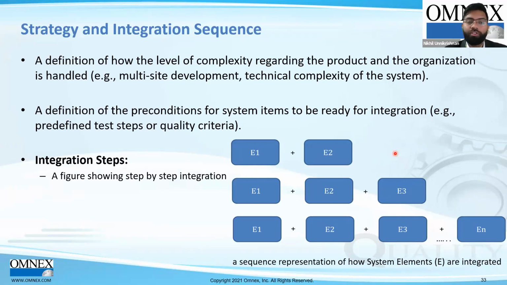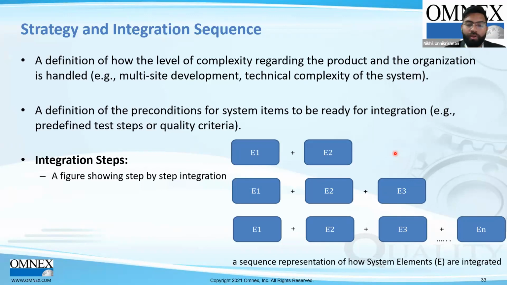So it's a definition of how the level of complexity regarding the product and organization is handled, for example multi-site development and technical complexity of the system, all of those factors being considered. If one subsystem is being developed elsewhere and another subsystem somewhere else, you're talking about how it all comes together, the integration steps and sequence, before you come up with the final full system.